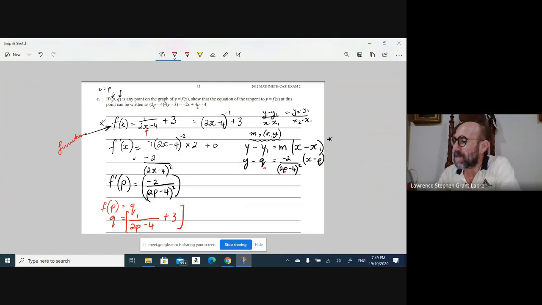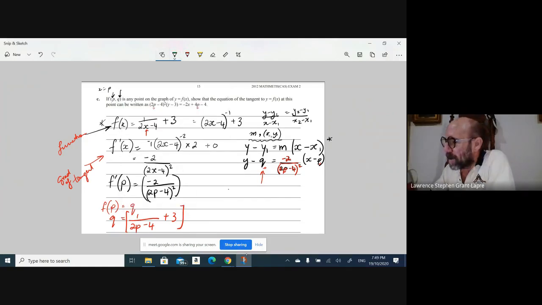Right, so you substitute PQ, it works in the function, and we used the derivative to get the gradient of our tangent, which is this value here. That's the gradient of the tangent, negative 2 over 2p minus 4 squared. I'm going to replace q with this value in terms of p.